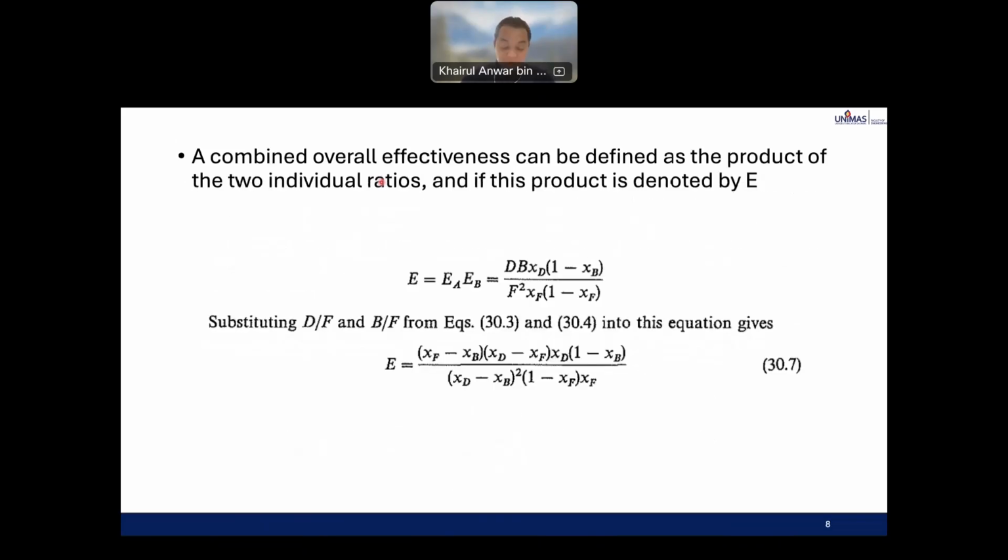So a combined overall effectiveness can be defined as the product of the two individual ratios, and this product is denoted by E.